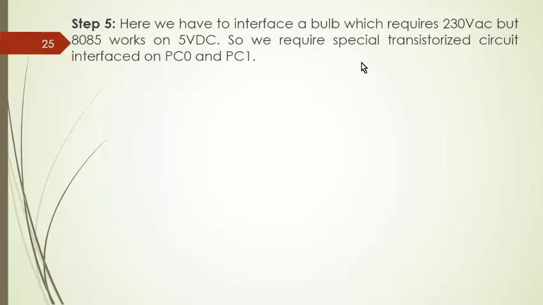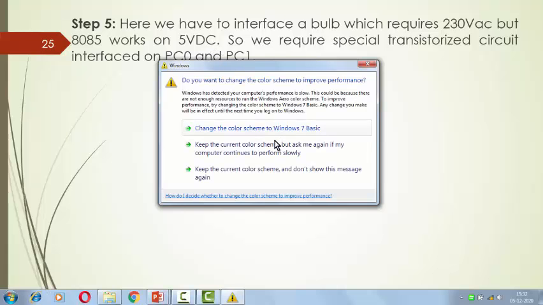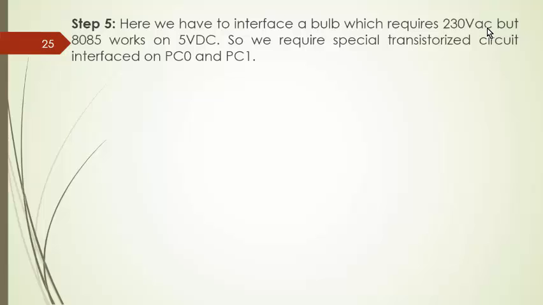So we require an additional separate transistorized circuit interfaced on PC0 and PC1, that is to isolate the low voltage DC and high voltage 230 volt AC. We are going to use the transistorized circuit on PC0 and PC1.